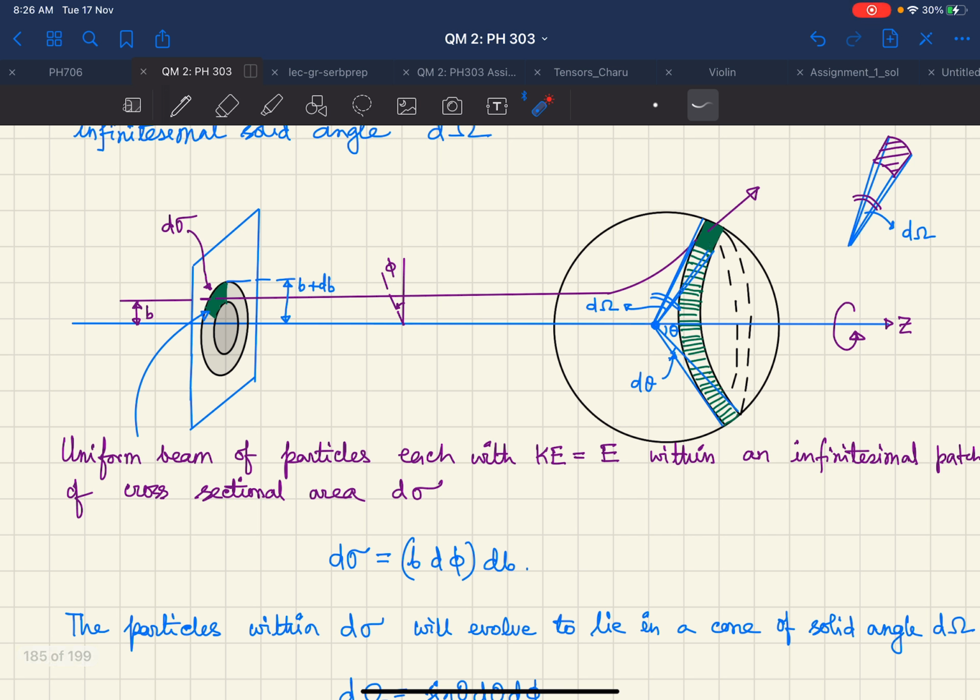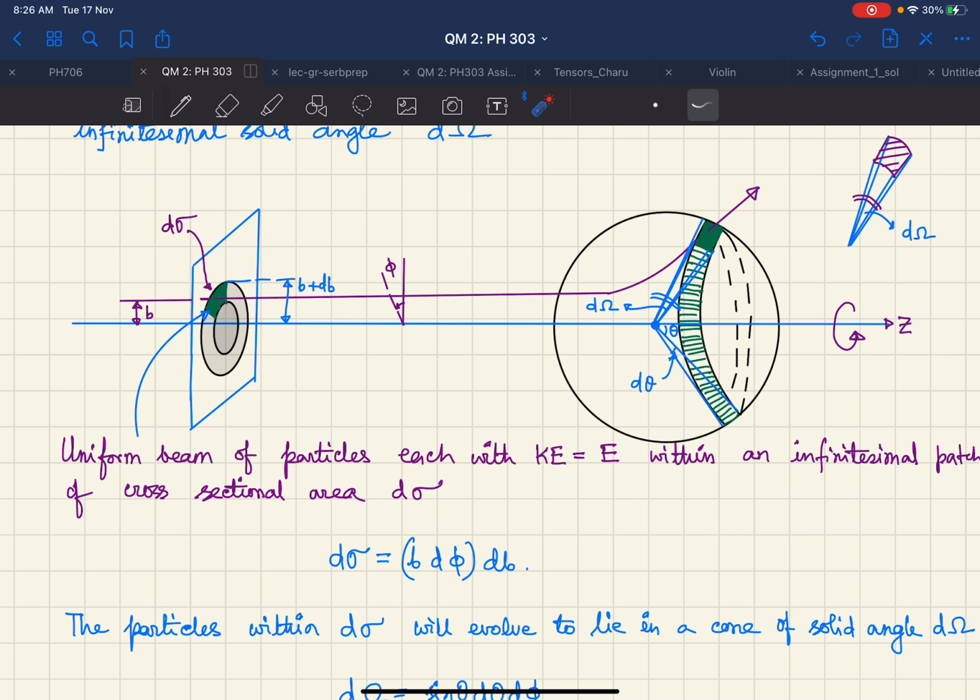Here again, you are taking a uniform beam of particles, each having kinetic energy E. Remember, we are dealing with the classical scenario so far, and each particle having kinetic energy E falls within an infinitesimal patch of cross-sectional area which is shown here.